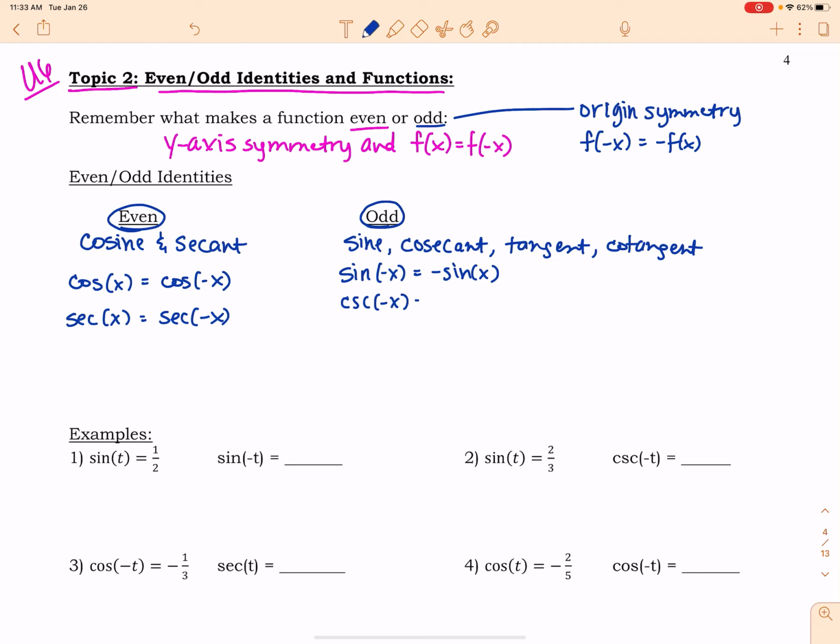Cosecant of negative x equals negative cosecant x. Tangent of negative x equals negative tangent x. You've probably picked up on this so far. And cotangent of negative x equals negative cotangent x. So we're going to use these algebraic setups to answer the questions in the examples that follow.